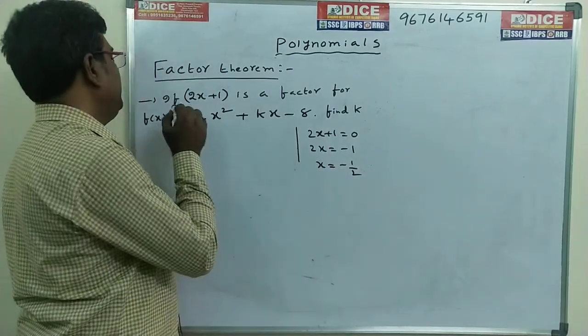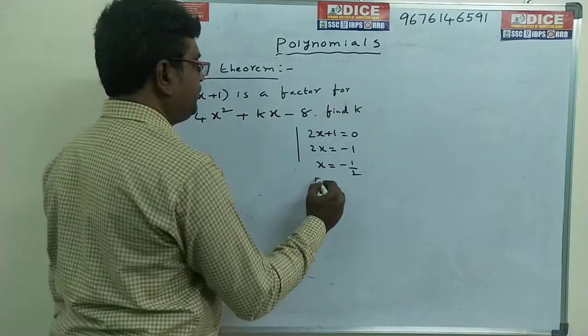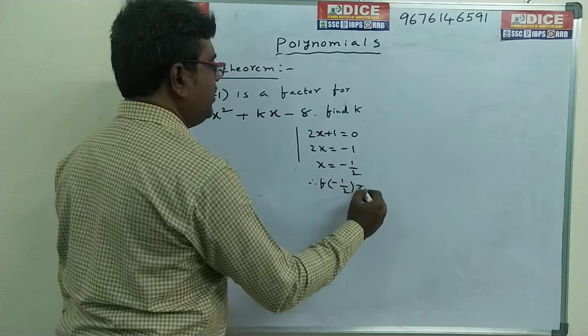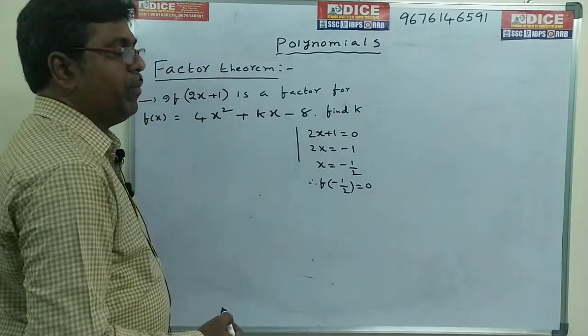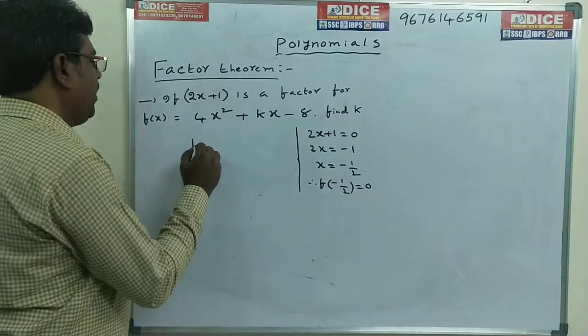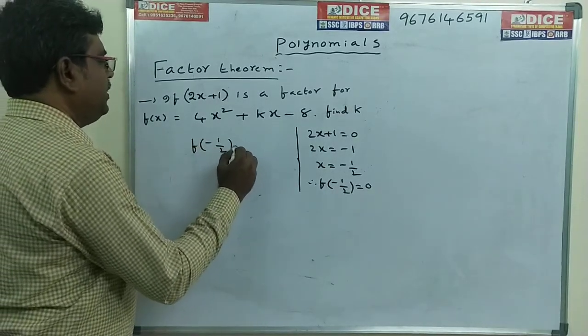So we have to substitute this into this function, and that is equal to right side 0. Therefore f of minus 1 by 2 is equal to 0. This is the condition. So take this function, f of minus 1 by 2 is equal to 0.